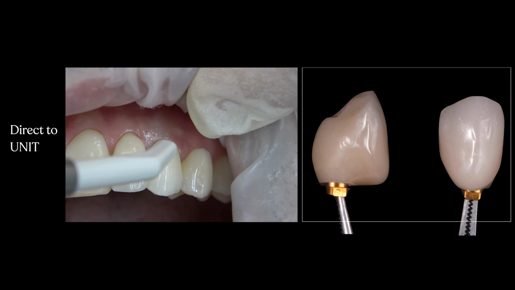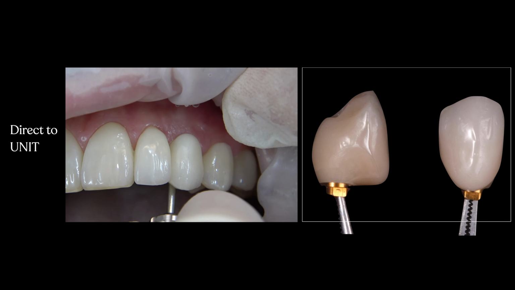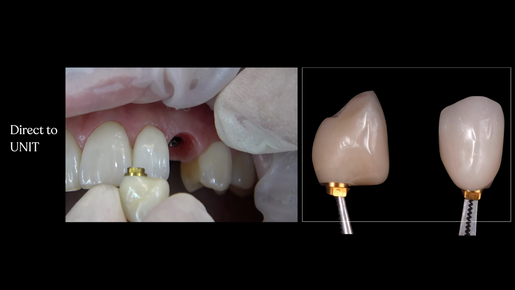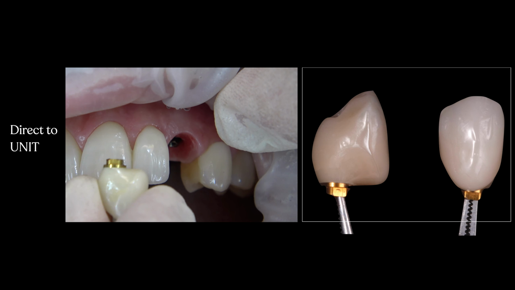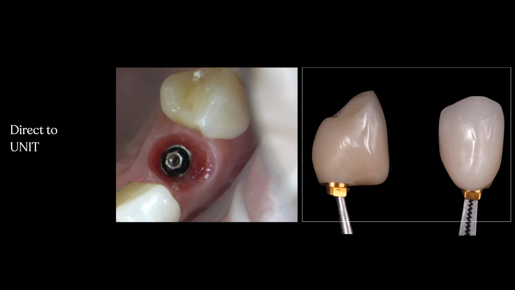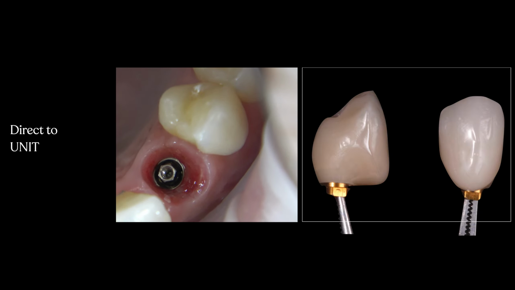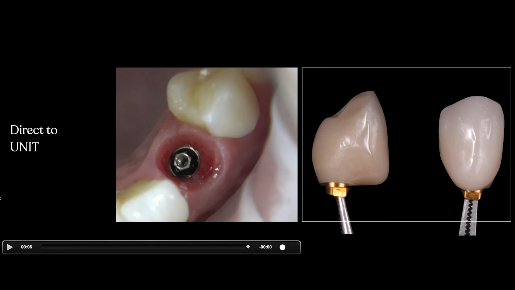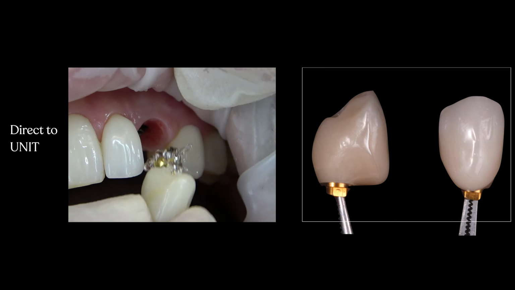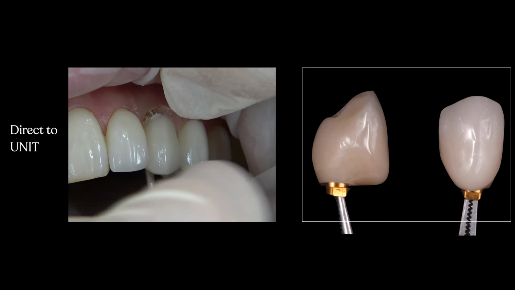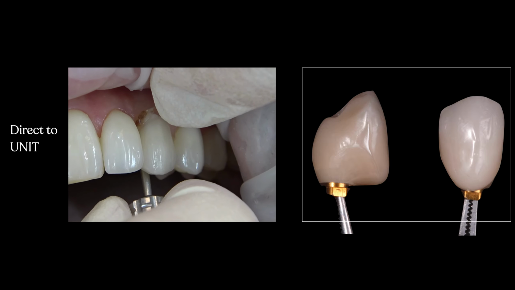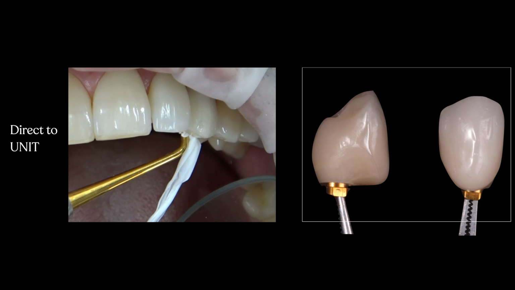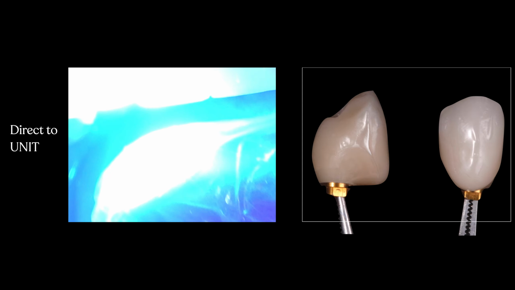That's why in cases like this, where the implant, instead of going directly to the prosthesis, goes to this transepithelial, we see a different kind of sulcus. It doesn't have the depth of the other one, and when we cement it, we don't need to work with anesthesia. There is no ischemia, so everything goes fast, and then we close the hole and we put light polymerization.